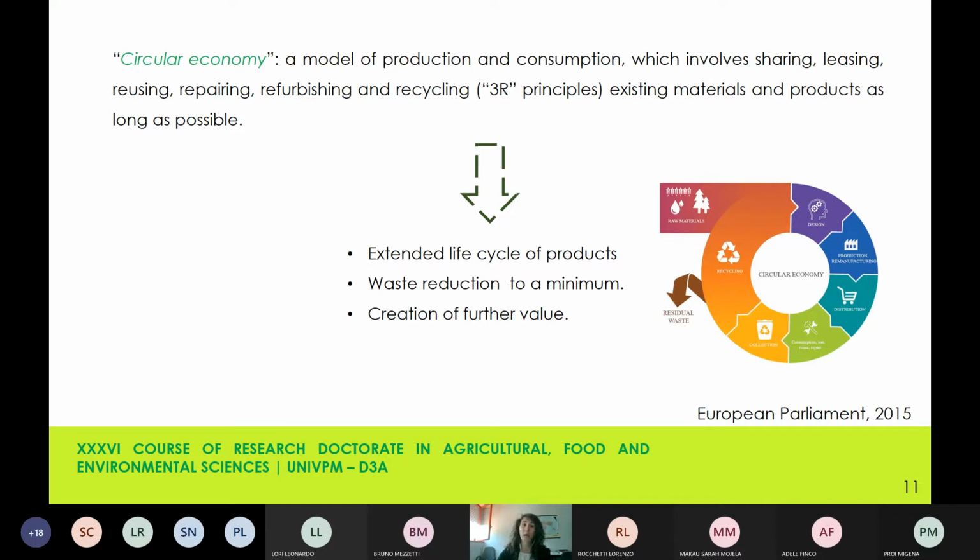Circular economy is a model of production and consumption that is based on the so-called 3R principle, so reduce, reuse, and recycle, in order to retain as much as we can materials and products in the production system, to create further value and reduce the waste to a minimum.